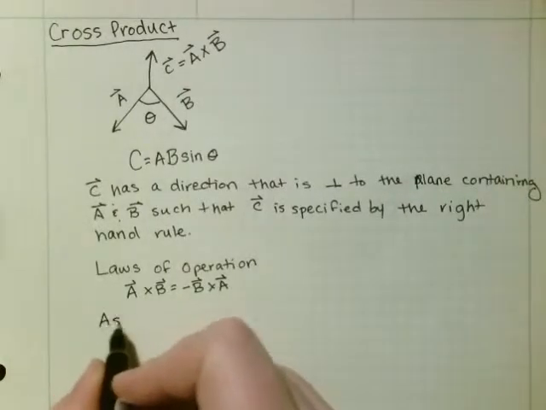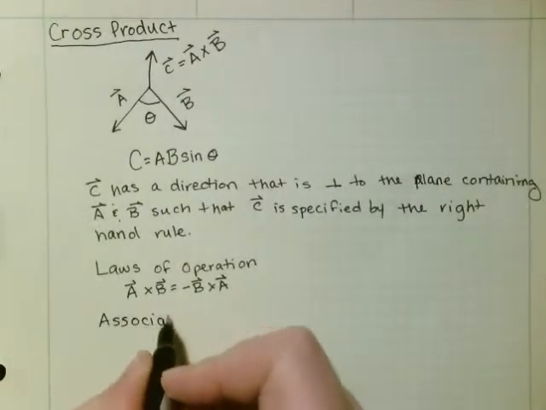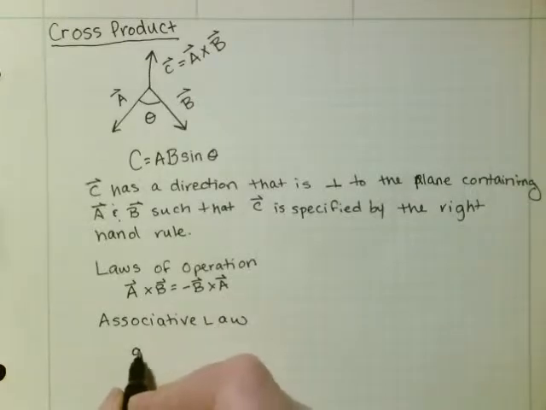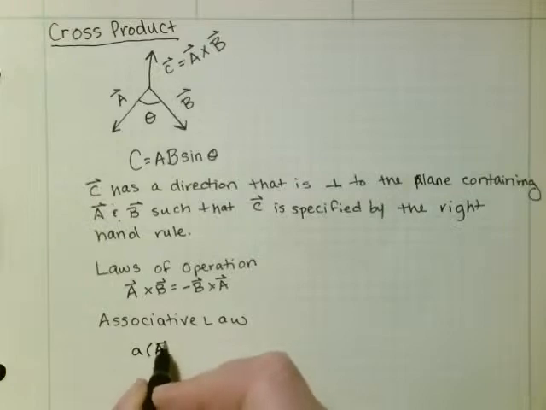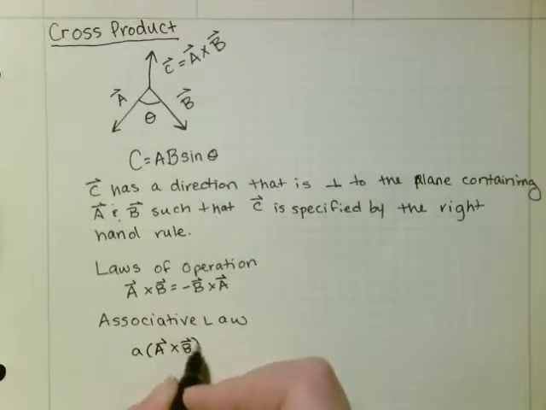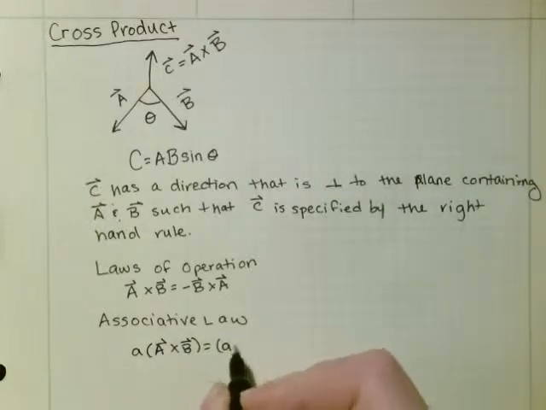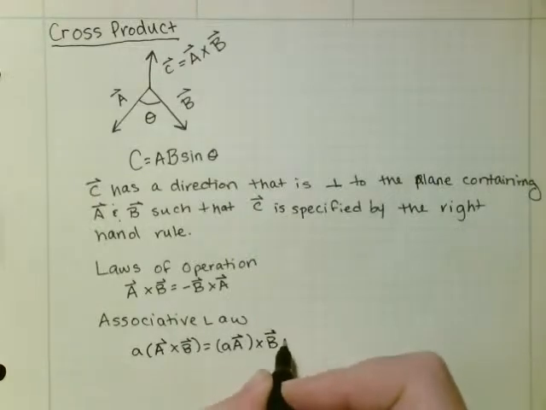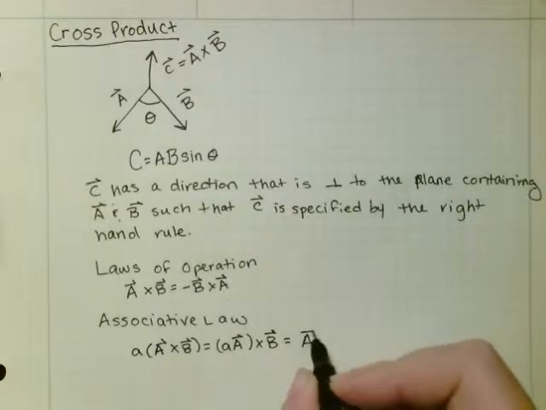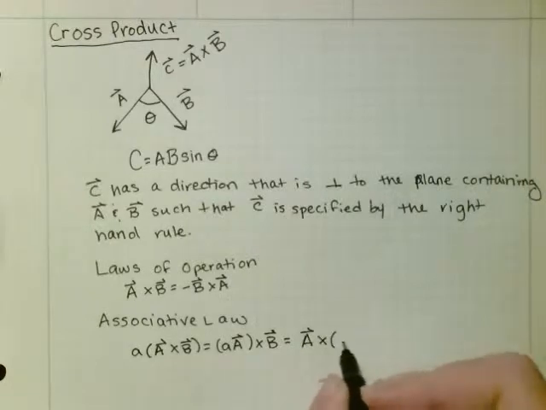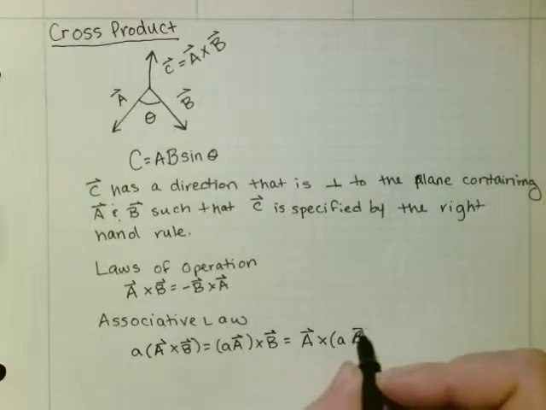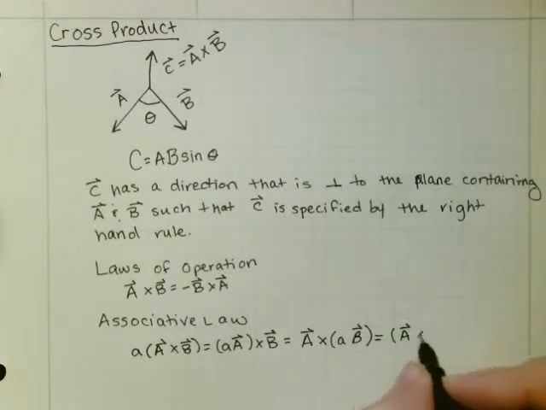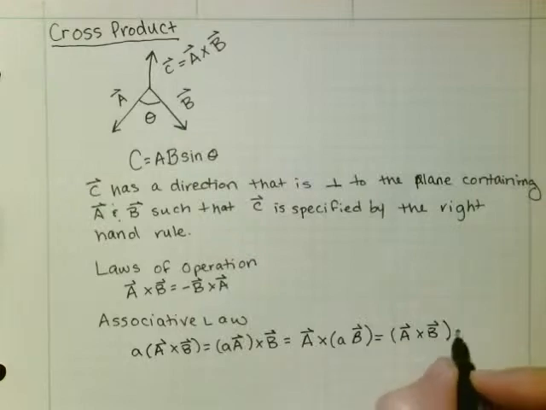There's the associative law, which is a scalar a times A cross B is equal to the scalar a times the vector A cross B, which is also equal to A cross the scalar a times B, or A cross B times the scalar a.